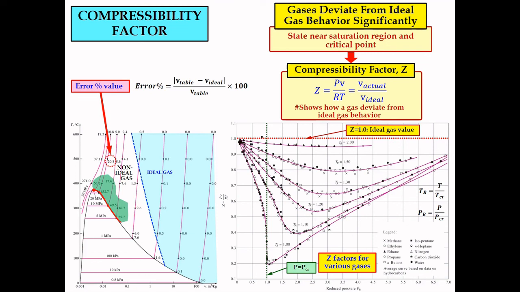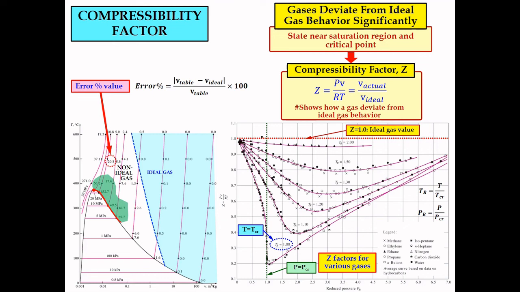So this line represents where the pressure equals the critical pressure, and TR equal to 1.0 represents the condition where the temperature equals the critical temperature. So this is the relationship between Z and the PR value for different types of gases.